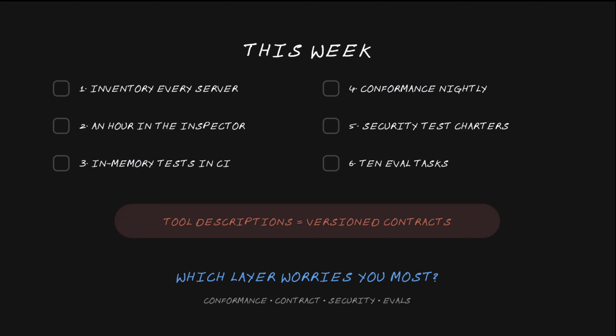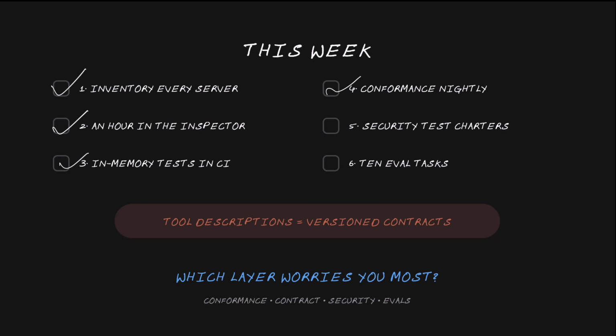Alright, so here is the starter plan that I would recommend if you want to cover MCP testing, following these 6 steps. First, list out all the MCP servers that your team is building or consuming. Number 2, spend an hour in the inspector on your most critical server and hammer those edge cases. Next, write some in-memory contract tests for your top tools exposed from the MCP server and put them in the CI.